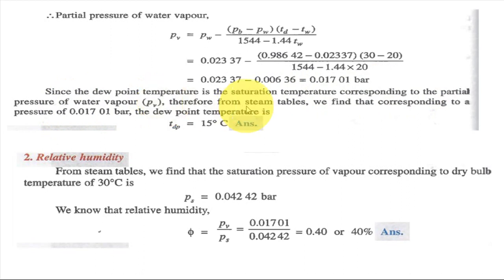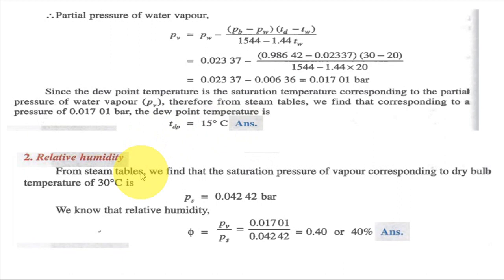So from the steam table we find the temperature corresponding to this pressure of 0.01701 bar. The temperature is 15 degrees Celsius. So this is the dew point temperature corresponding to the partial pressure of water vapor.